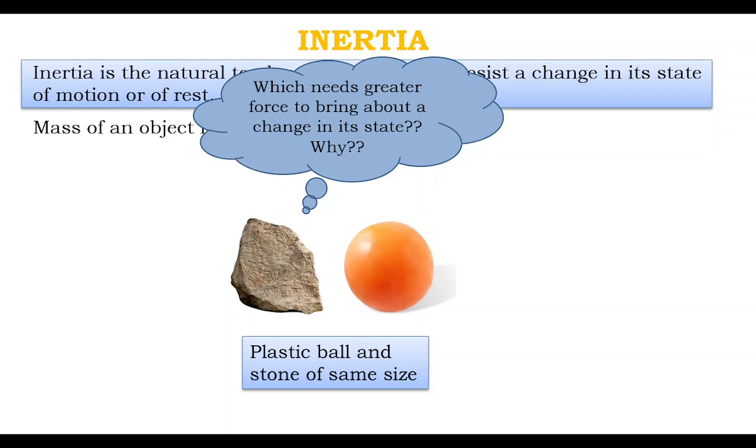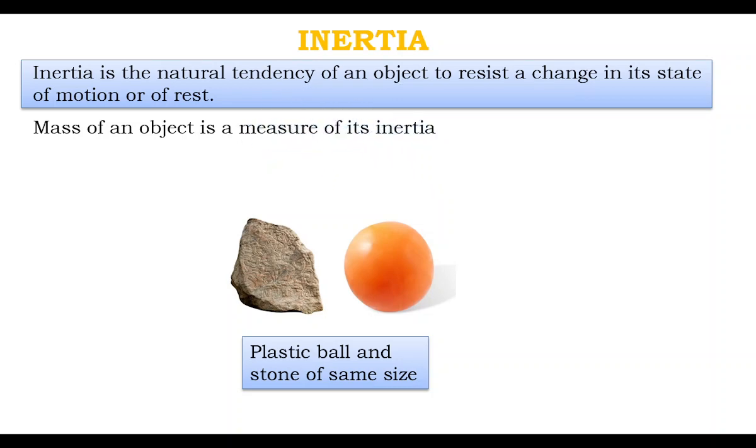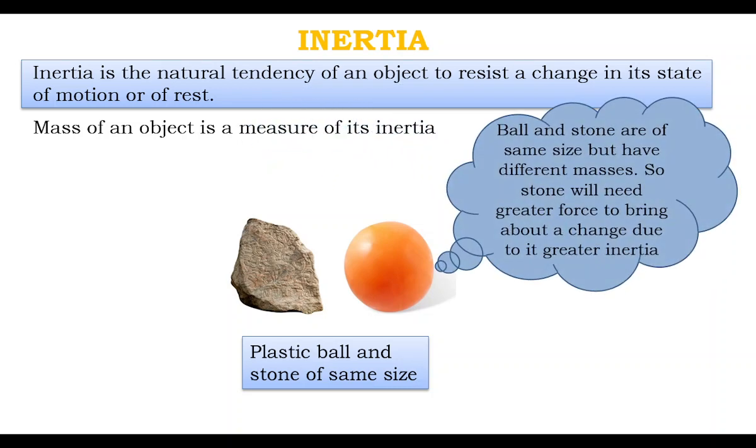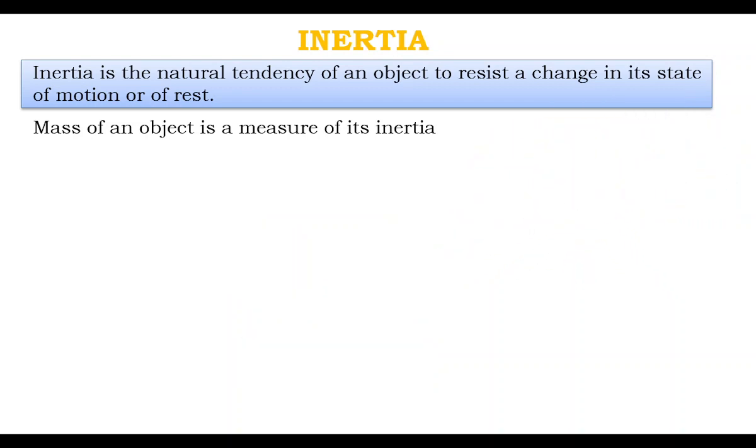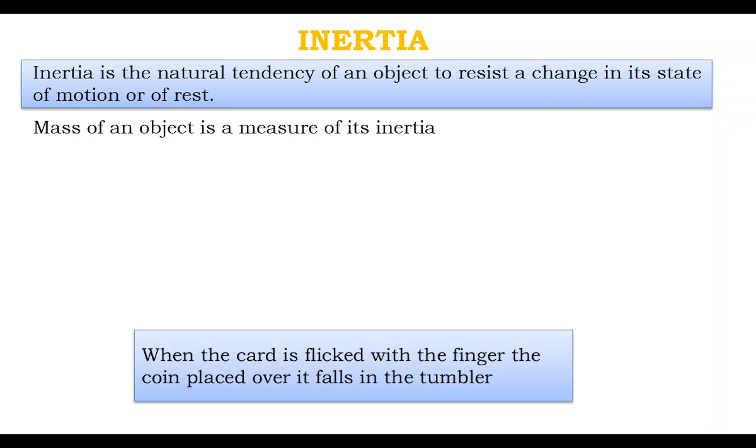Obviously stone. Why? Because of mass. Because mass of stone is more as compared to plastic ball, that's why I will be needing more force in that case. Right? Now ball and stone are of same size but they have different masses, so they will be needing greater force to bring about a change due to its inertia. So for more inertia we will need more force, right, for more mass.